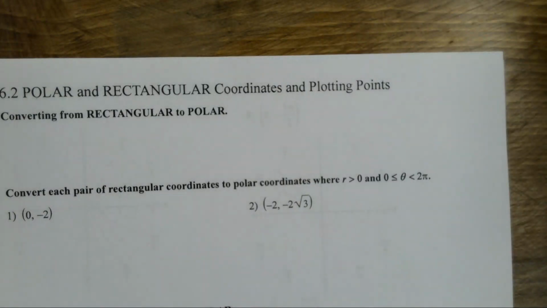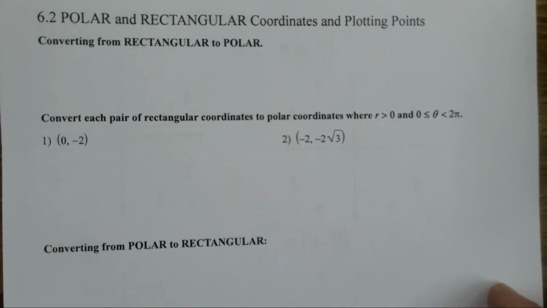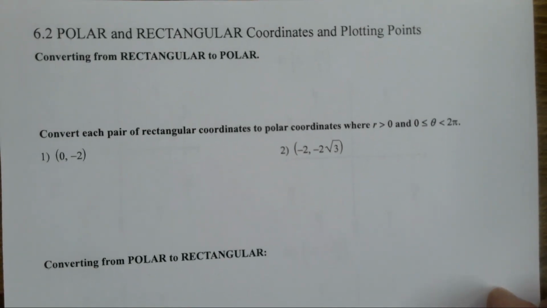Does anybody remember from last Friday how we convert rectangular to polar? Or better than that, let's start here. What am I talking about when I'm comparing rectangular and polar points? What does a rectangular point look like?